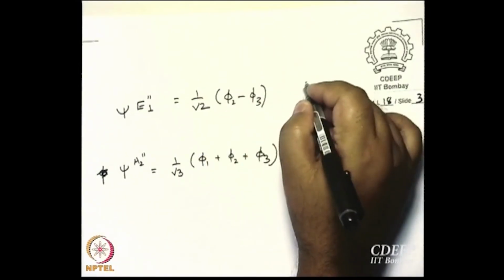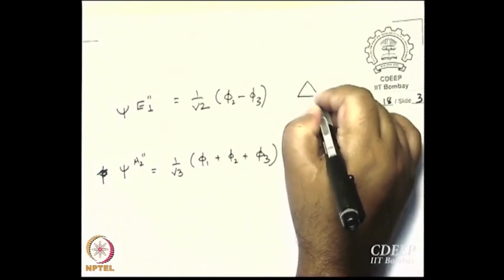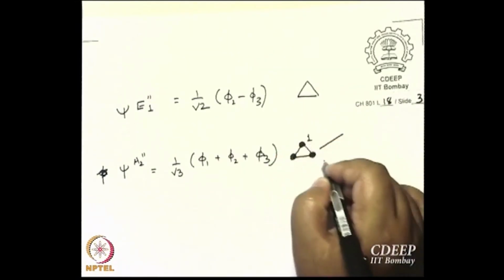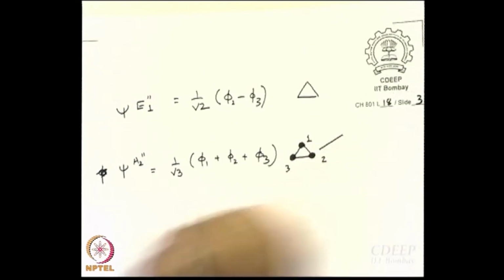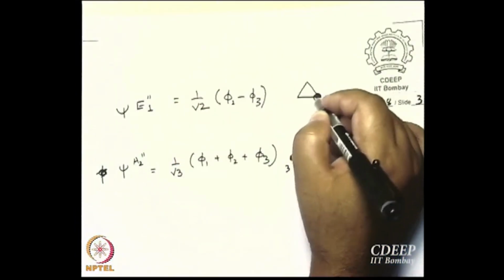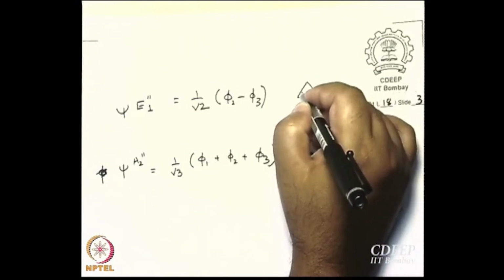Now, if I want to draw it, let me put the numbers here 1, 2 and 3. Can be anything, does not matter, 1, 2 and 3. So, if it is phi 2 minus phi 3, what should it be? In 1 I do not draw anything, right. Phi 2 is plus, this is minus.